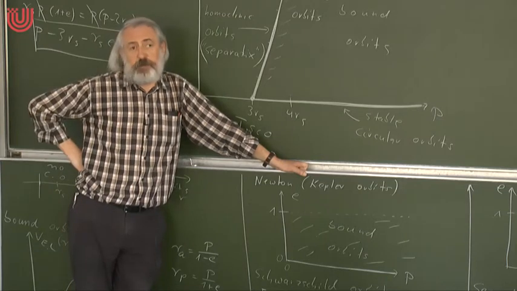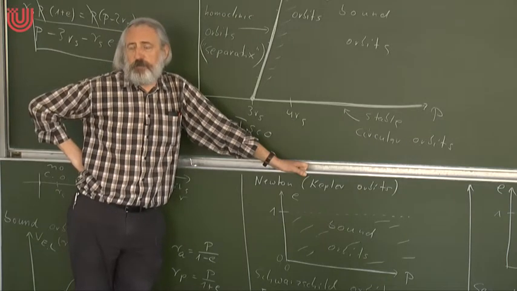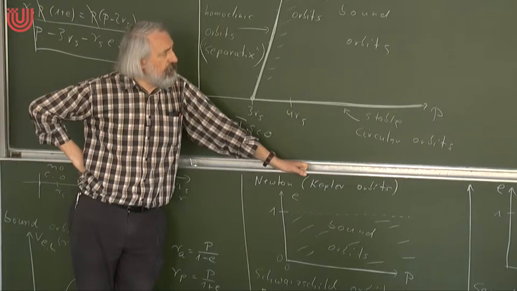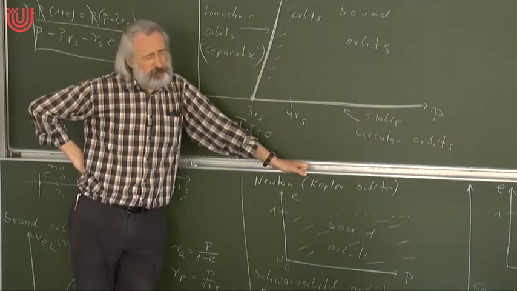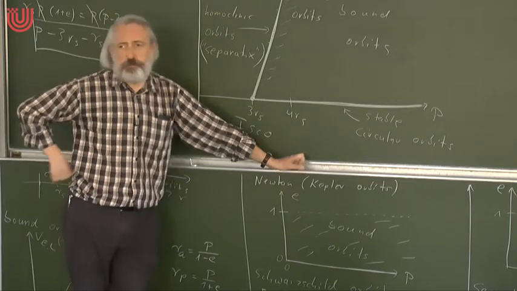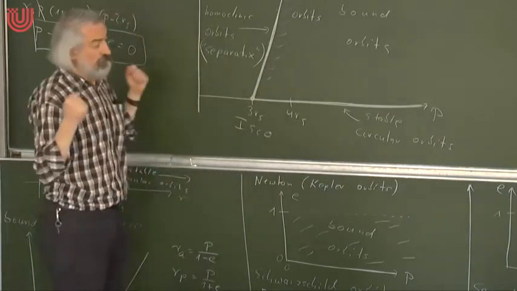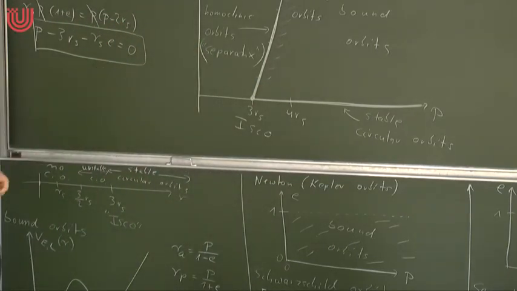Also, it's not clear that every black hole has all these dramatic features. So for instance, for the black hole at the center of our galaxy, we are fairly sure that it has an accretion disk. There's also some evidence that it has a corona, a more or less circular component. But people are still fighting with each other about whether there's a jet.